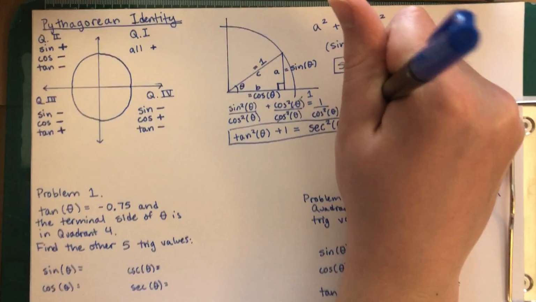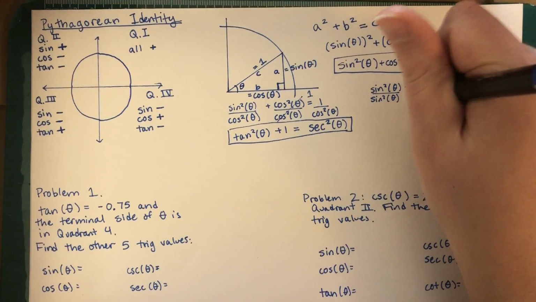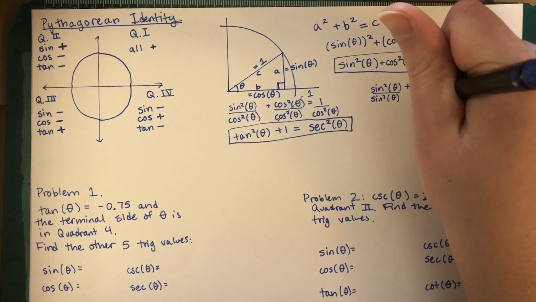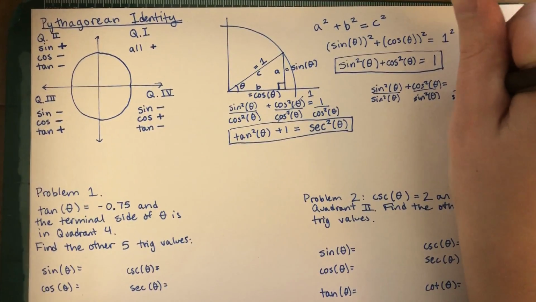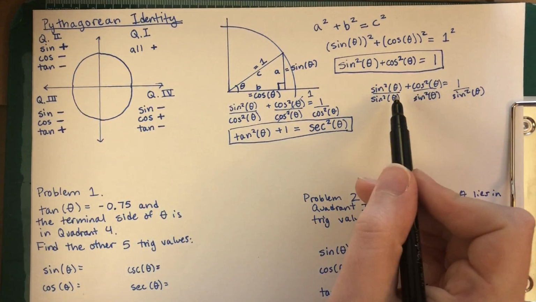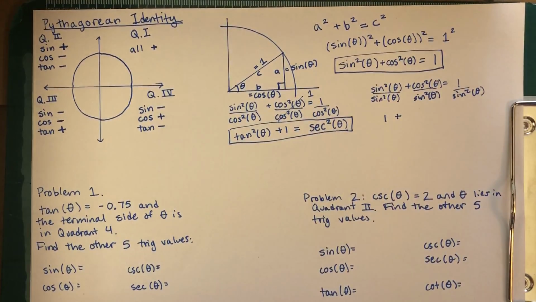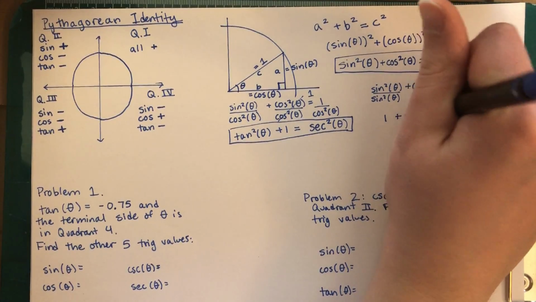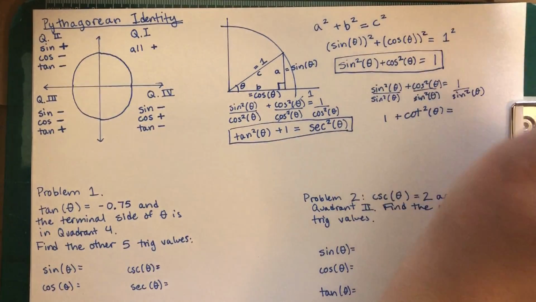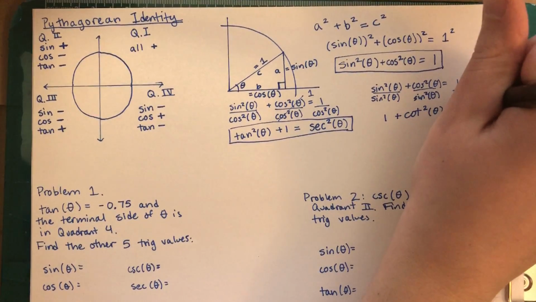I'll divide each term by sine squared. This is going to be 1. Cosine over sine is cotangent, so this is cotangent squared. And 1 over sine is cosecant, so this is cosecant squared.